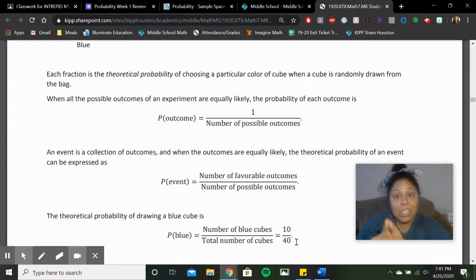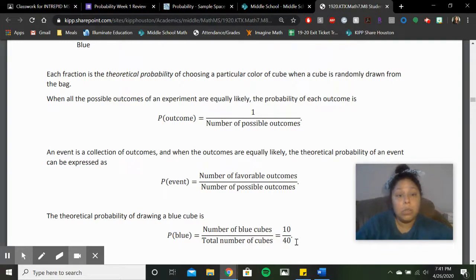There's 10 of each type, meaning that when I stick my hand in this bag, the probability of picking one is not greater than the other or less than. They're all the same probability because there's the same of each. That is an experiment with equally likely outcomes. If there is even, let's say, 11 blue cubes and 9 red cubes, that completely messes up the experiment and is no longer equally likely.